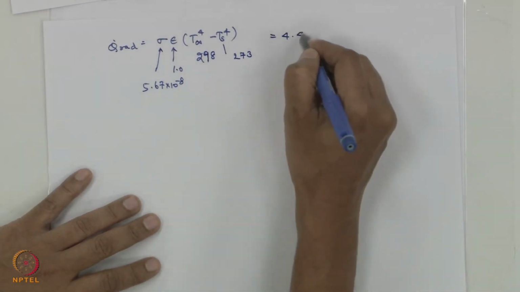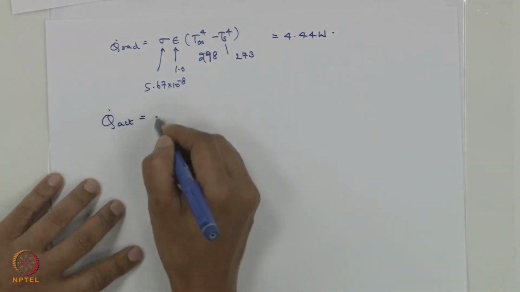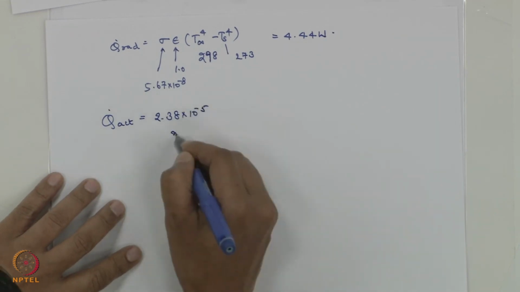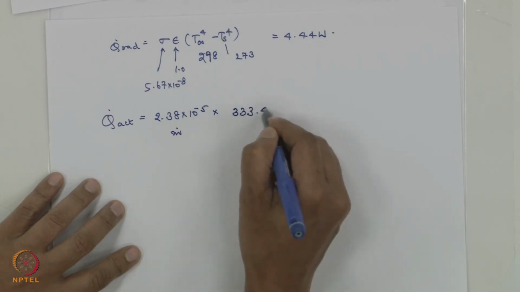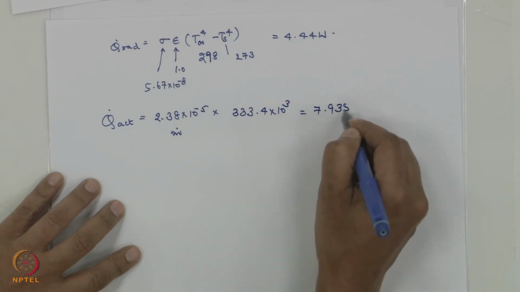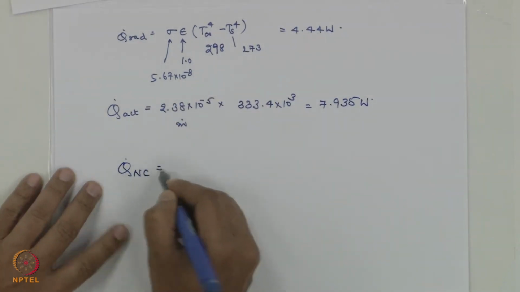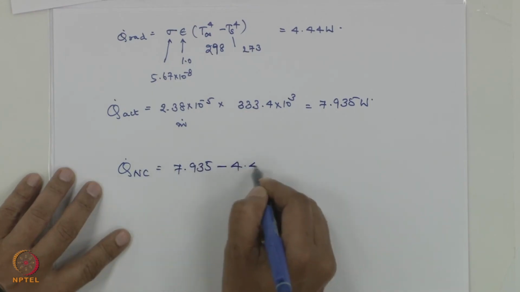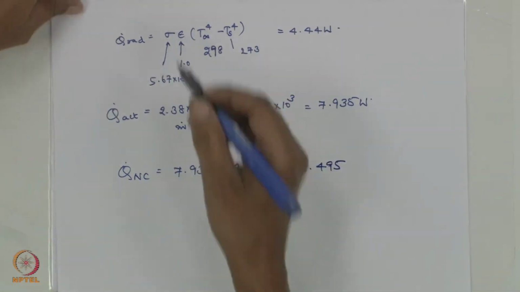You get 4.44 watts. But the actual heat is 2.38 into 10 to the power of minus 5, that is m dot, into hsf, 333.4 into 10 to the power of 3, you get 7.935 watts.